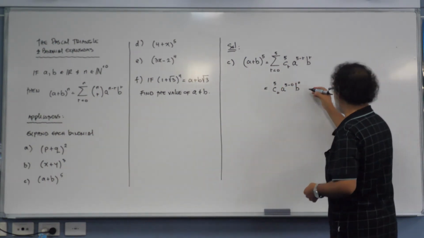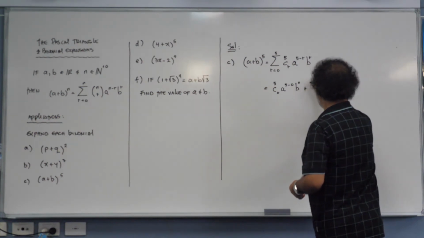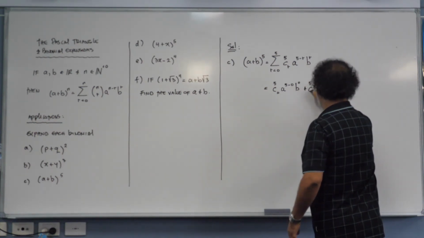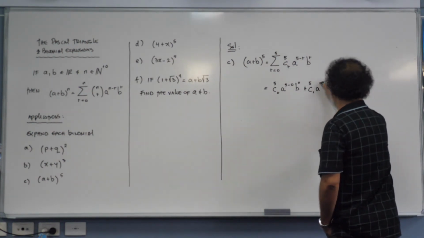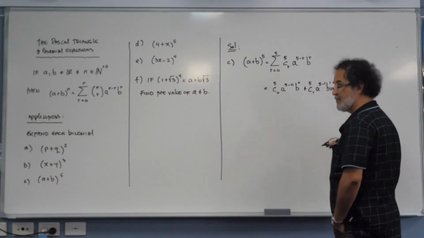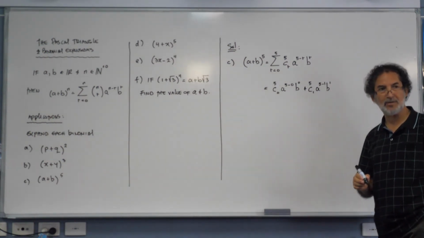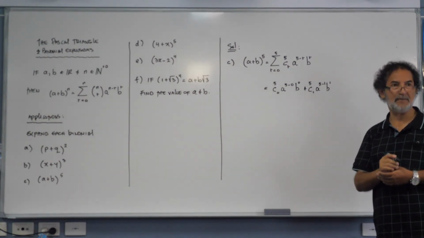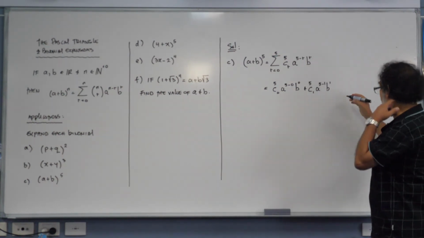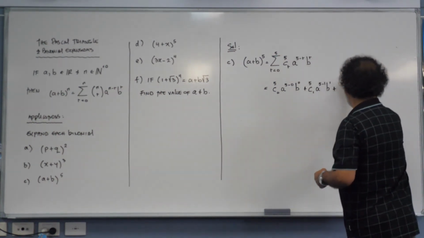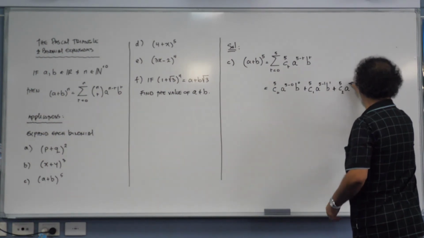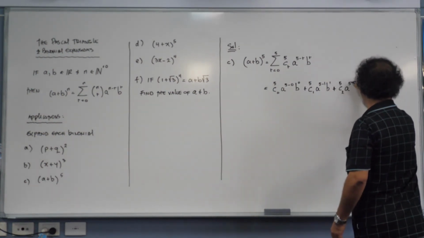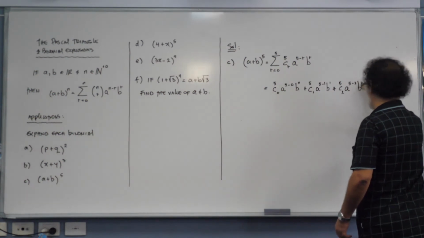So the next one is going to be 5C1, and then we're going to have a to the power of 5 minus 1, and then b to the power of 1. Being consistent with what I just said. And then we're going to have 5C2, a to the power of 5 minus 2, b squared, and so on.